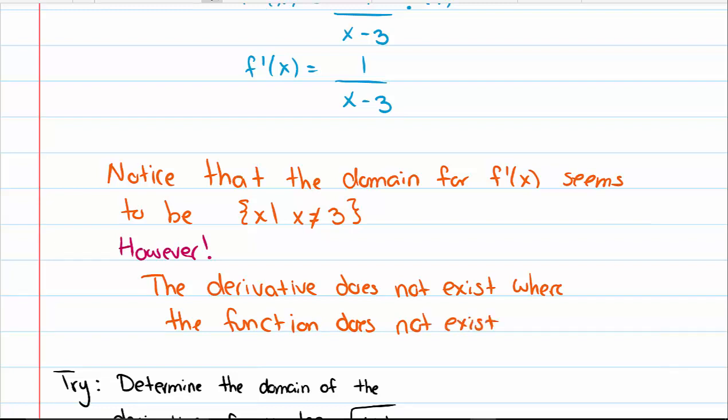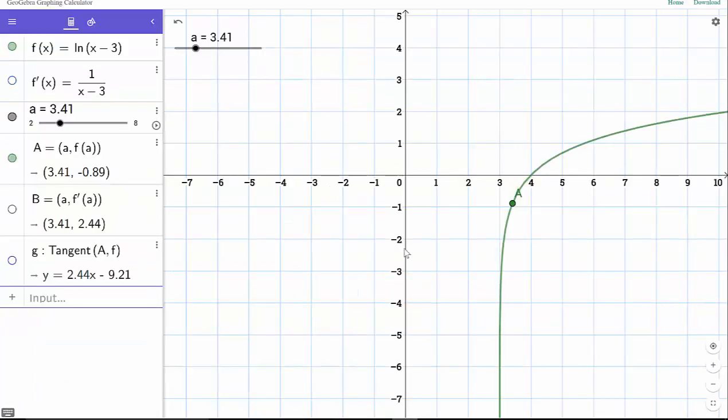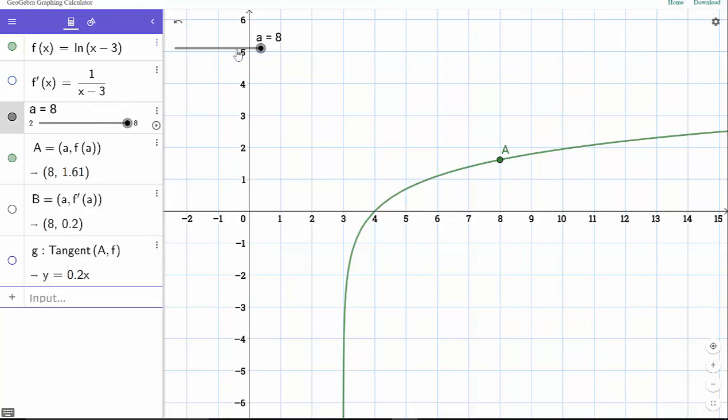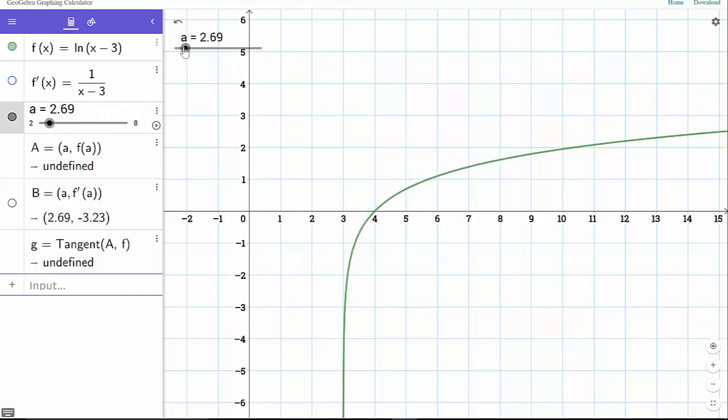So let me illustrate what I mean by this. Here is the graph of f of x equals ln of x minus 3, right here. So you see I can move this point across, and it keeps going this way to the right forever, but if I go less than 3, it disappears. It is not defined. See, it says right here, undefined.